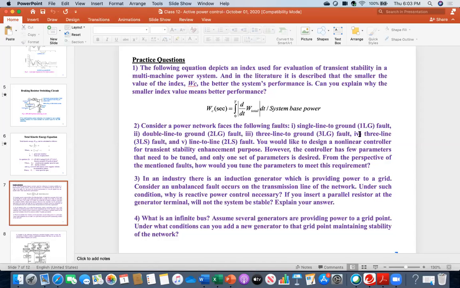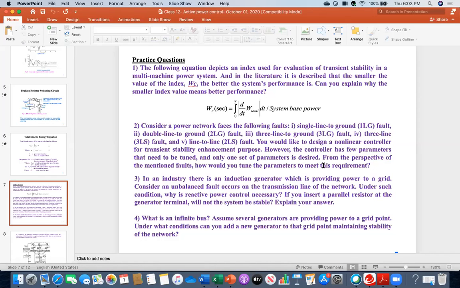But if the fault is 3LG or 2LS, then that is not enough. But if you set the system based on 3LG, then whatever 1LG, 2LS, still that is under control, because that is your maximum scenario, the most severe situation.